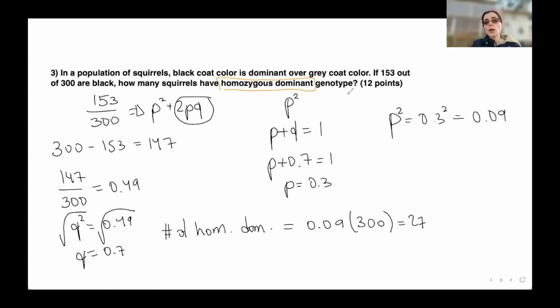So we have 27 squirrels that are homozygous dominant. So if you received 27 as your answer, please give yourself 12 points. If you got to this part, to the frequency part, give yourself partial credit. And let's just do our true or false questions.